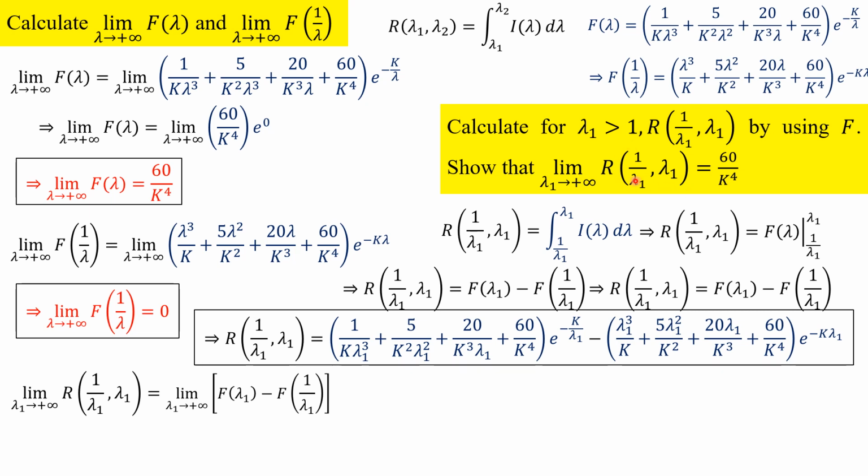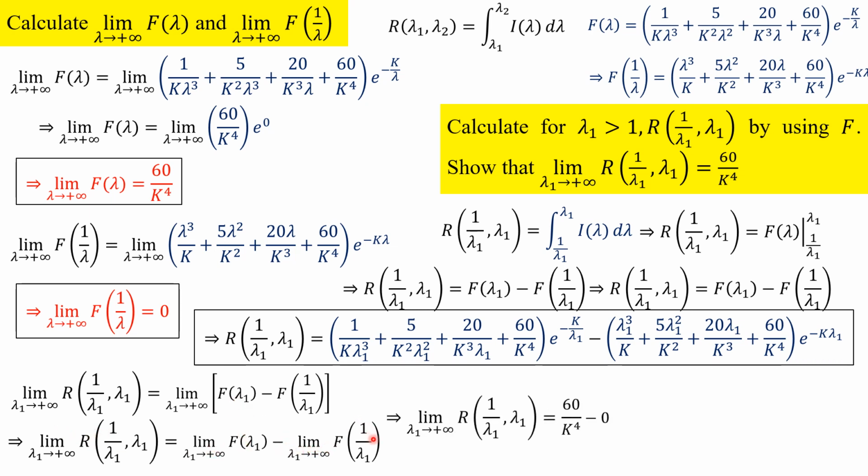Next, we have to show that this limit is 60 on k raised to the power 4. So the limit of this is simply equal to the limit of f of lambda 1 minus f of 1 over lambda 1. So we can separate the limits. We get the limit we are looking for to be the limit of f of lambda 1 minus the limit of f of 1 over lambda 1.